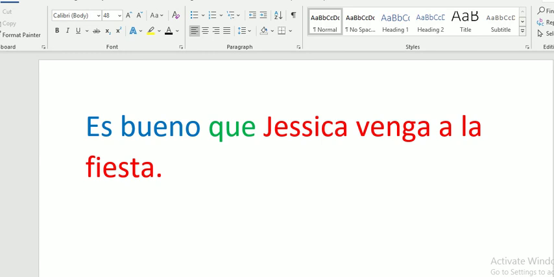But since we are using the subjunctive, venir in the present tense has a different form than subjunctive. And this happens only in the subjunctive, in the subordinate clause.